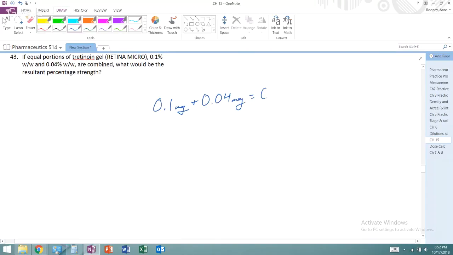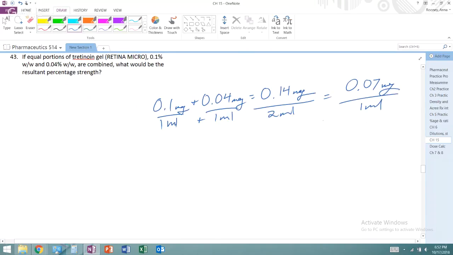So then you would have per milliliter, so per 1 mL. So you would have 0.14 milligrams per 2 mL, because you had to add these two as well. Well, so then that would be 0.07 milligram per 1 mL, which is not really accurate, but it'll get you the answer.